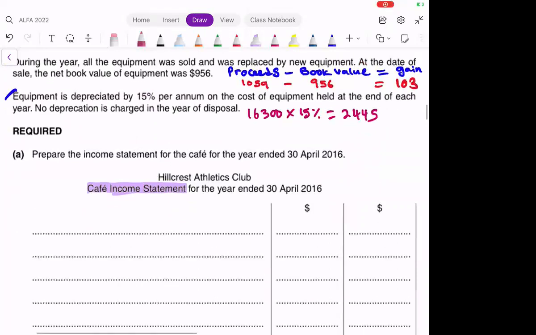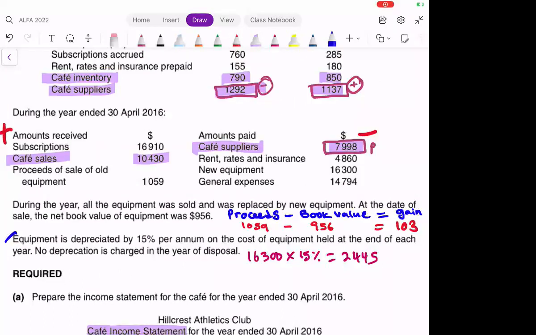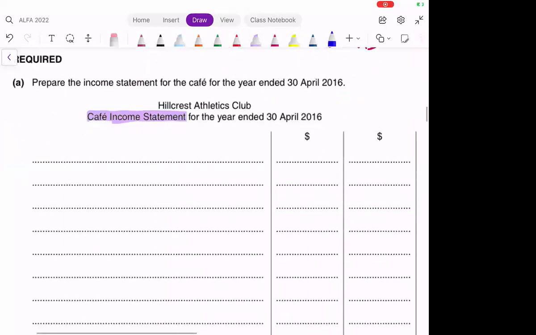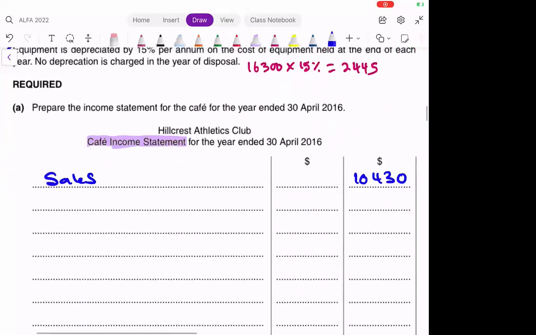Then I will do the cafe income statement. Start with sales, $10430. This will be minus cost of sales.